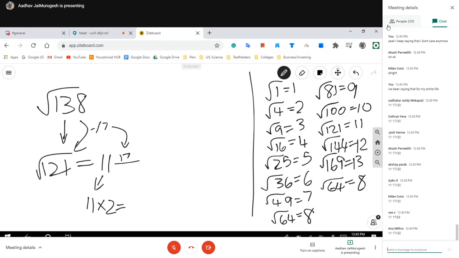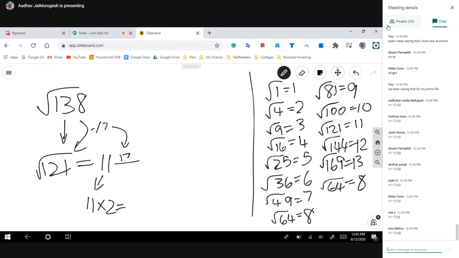We only multiply by 2 once because this is a square root, not a cube root. So 11 times 2 is 22. That is our denominator, and our answer is 11 17/22.